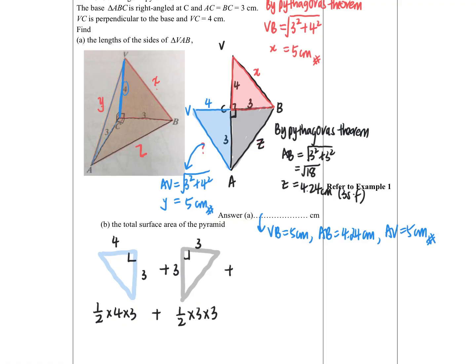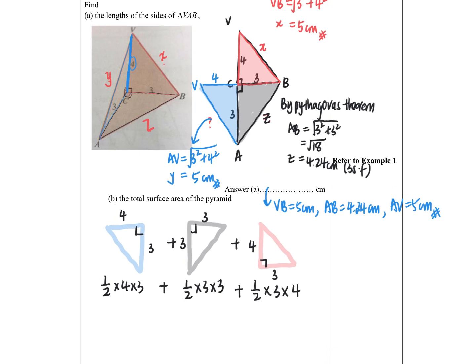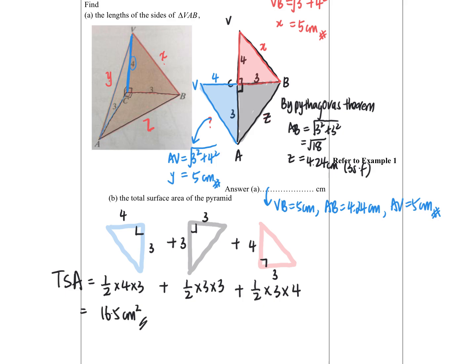Last one is the red one. So the red one also right angle triangle. This is 4, this is 3. Half times base times height. So add the 3 together, it will be your total surface area. What is it? 16.5 cm square.